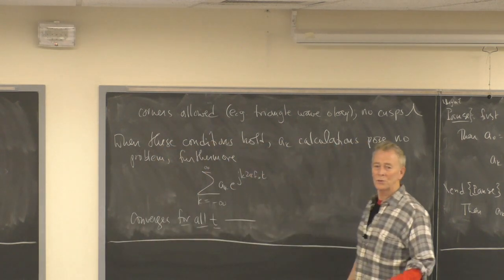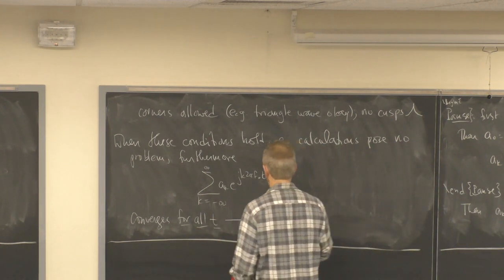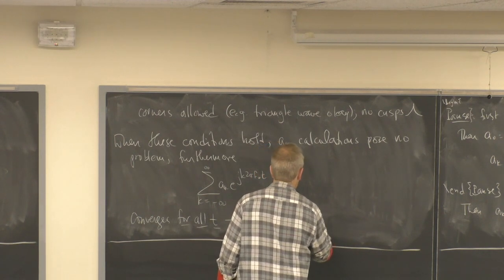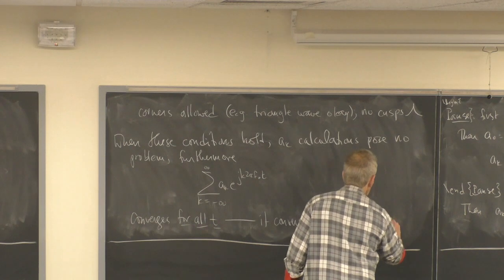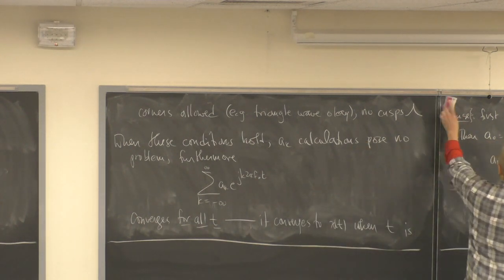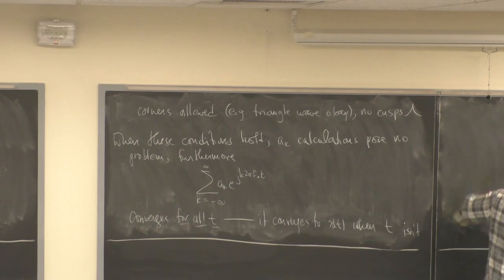It converges to x of t at continuity points of x of t. So it converges to x of t when t is a continuity point. It's not a jump.